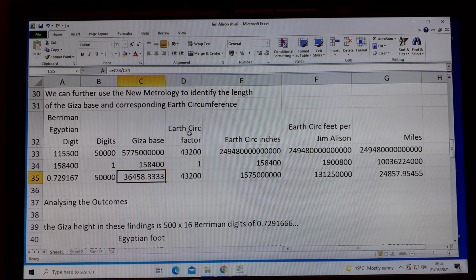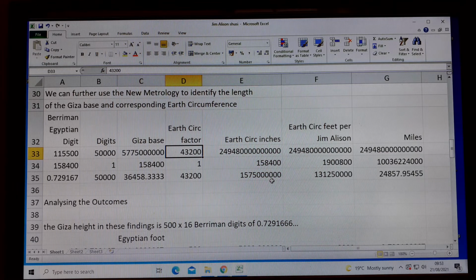And to get the Earth's circumference, again in the new metrology, we need to apply a factor of 43200 to this unit here. So we multiply by 43200, and we get the Earth's circumference as this, divided by this, giving 1575000000 imperial inches.